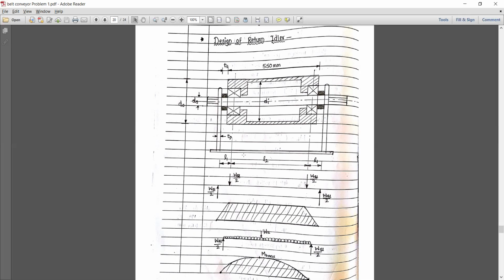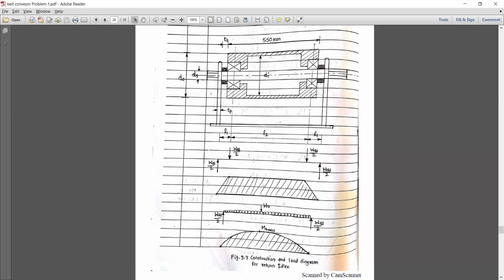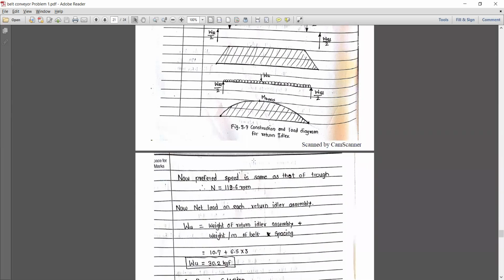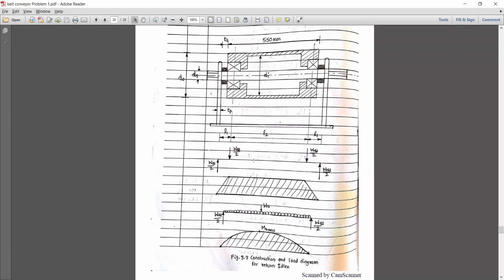So the belt, after coming from the head end to the tail end, will not transfer any kind of material, so the number of idlers is also very less over here. So we are designing for less load. Okay, the process will be the same as compared to the troughing. You can refer to diagram number 3.7 with the construction of a return idler and the loading diagrams for the return idler.